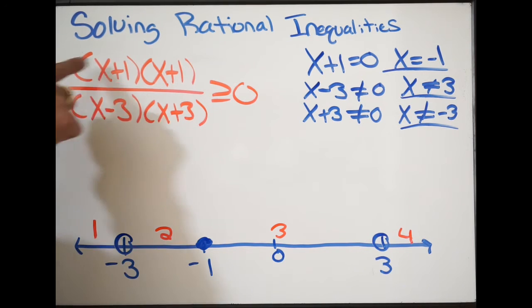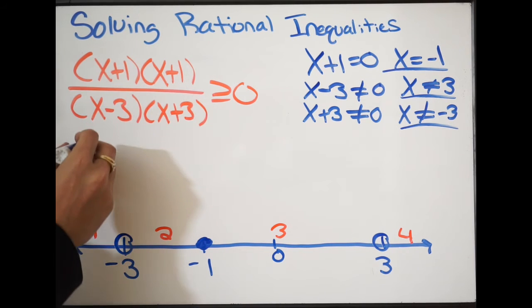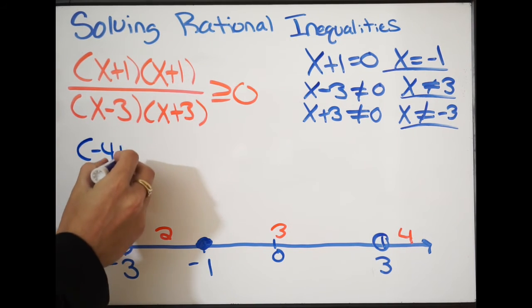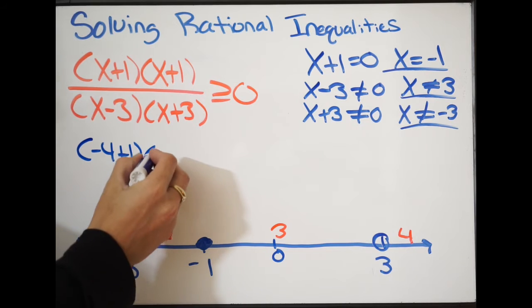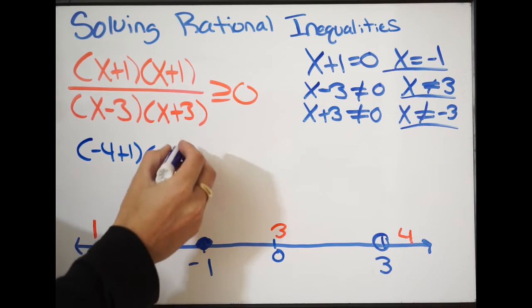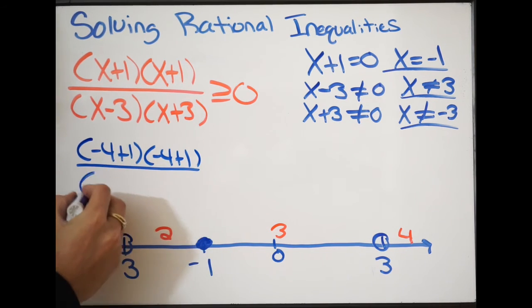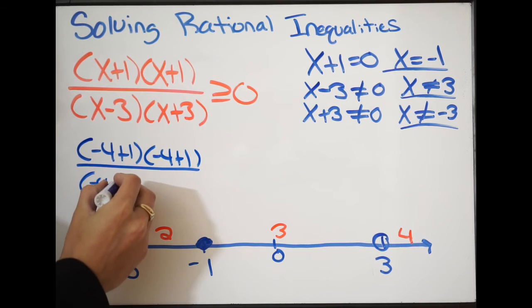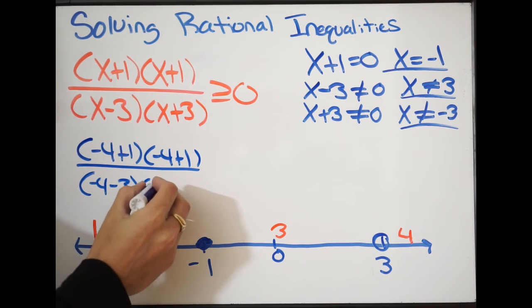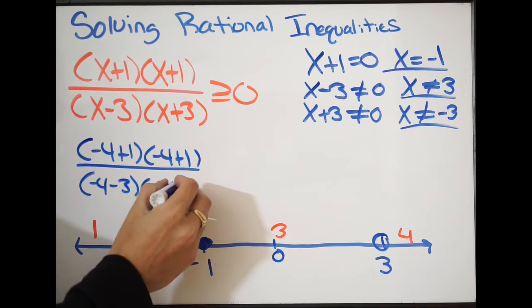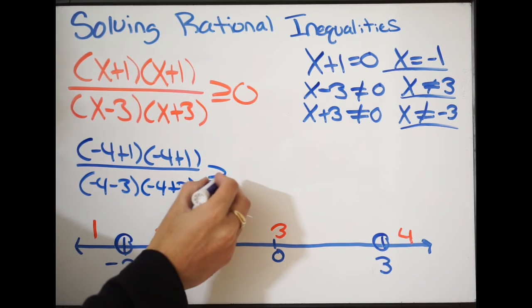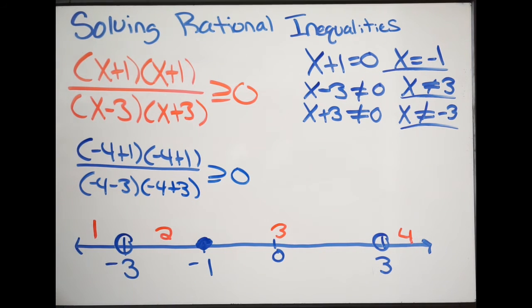So what I'm going to do is plug in negative 4 wherever I see x, right? So let's go ahead and do that. So I'm going to get negative 4 plus 1 times negative 4 plus 1. And then I get negative 4 minus 3, negative 4 plus 3. And this is greater than or equal to 0.